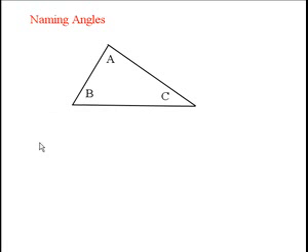You're also going to need to remember how angles are named. So in this triangle, if we're going to name this angle here, we're going to call it ACB. So that would be angle, and this is how I would write it, ACB. You could also call it angle BCA.